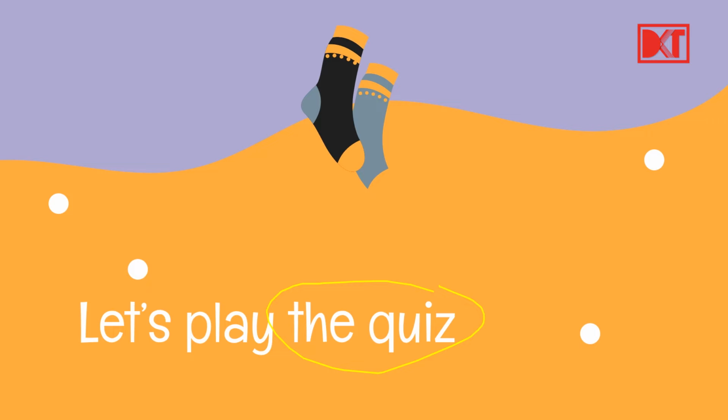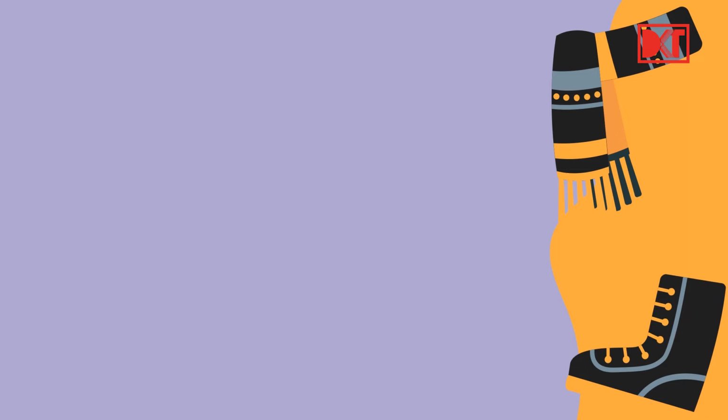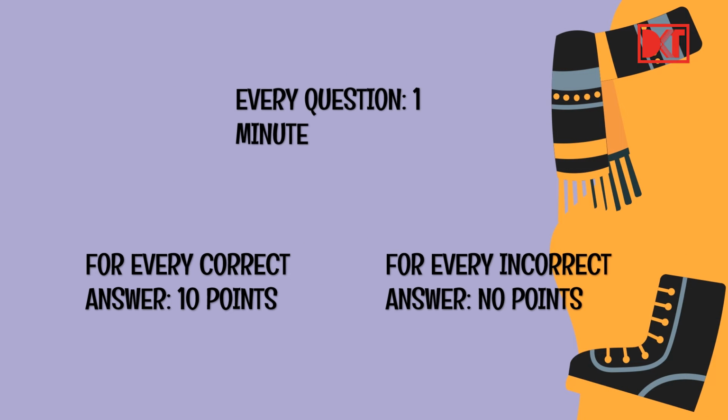If you think you are not clear, you can rewind the video, watch it again. Alright, so for the quiz, what we will be doing is, now every question you will be given 1 minute. 1 minute means 60 seconds. Why am I giving you 1 minute?